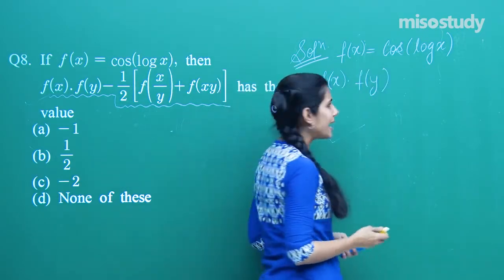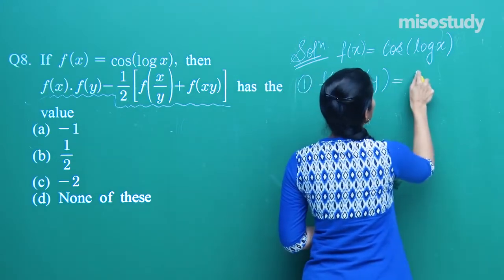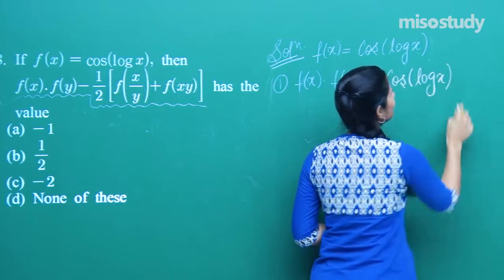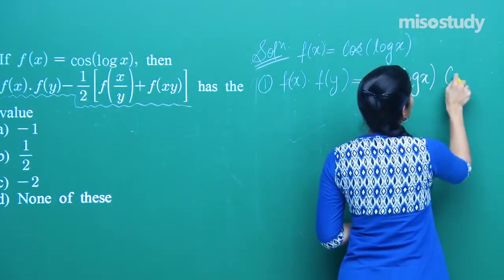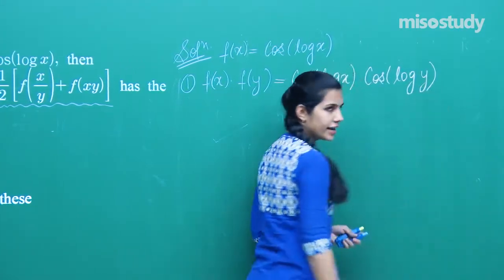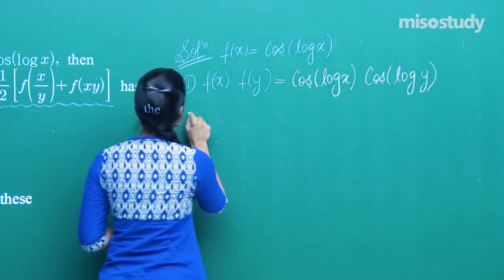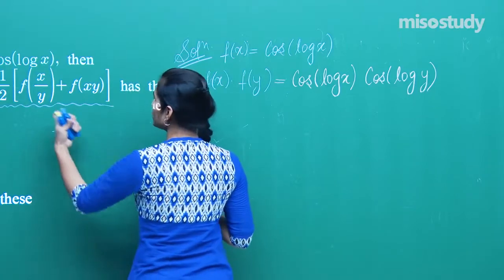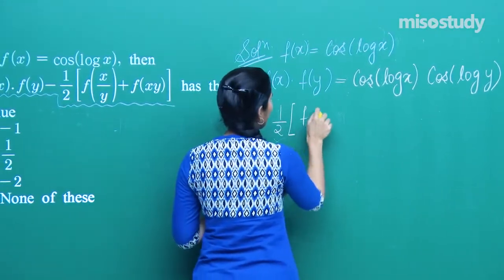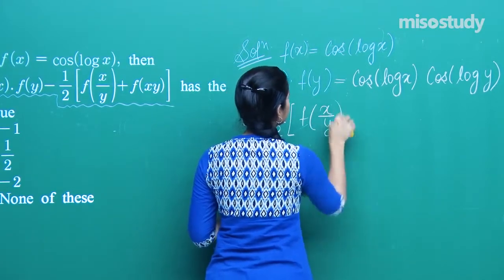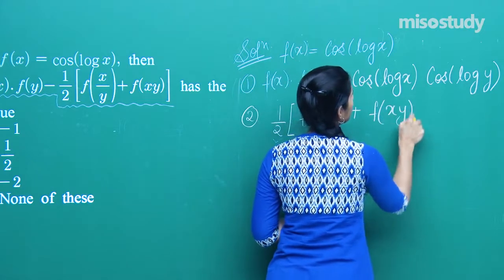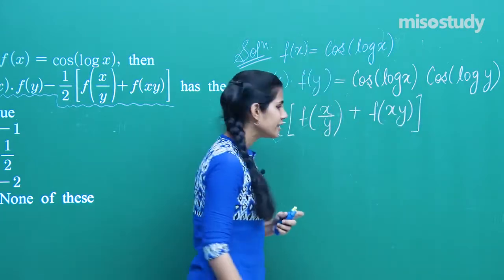Firstly, if I wish to calculate f(x) into f(y), this is cos of log x into cos of log y. And in the next expression, I wish to calculate half of f of x by y plus f of x into y. Let's see what that is.